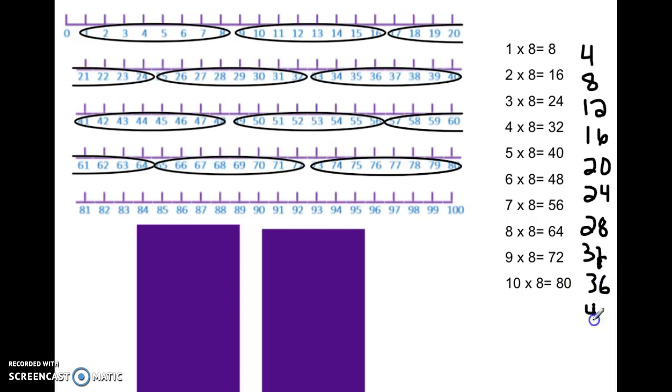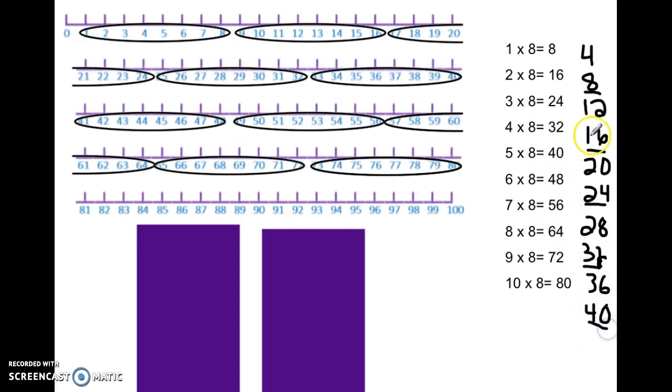So let's see if we recognize any of those products in comparison to our 8s. There's an 8 and an 8, no 12, but we have a 16 and a 16, no 20, but we have a 24 and a 24, no 28, but we have a 32 and a 32, no 36, but we also have a 40 and a 40.